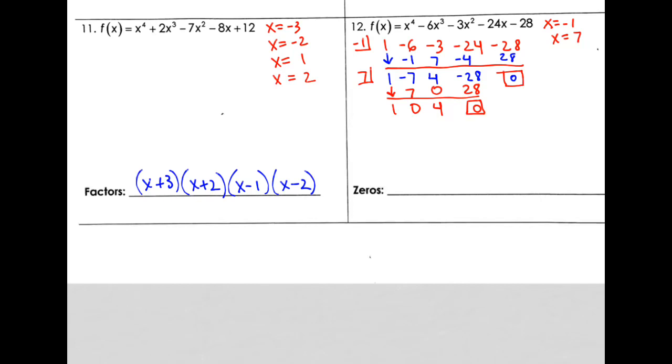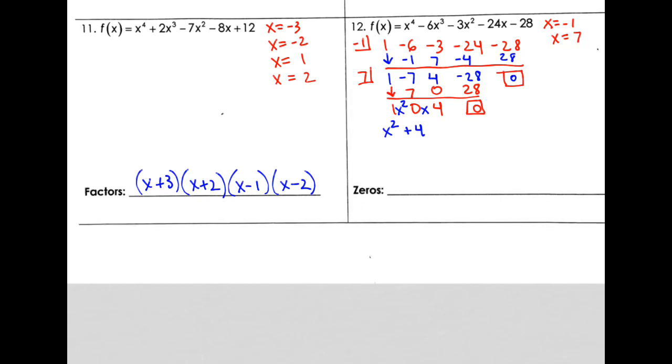So counting backwards, x to the 0. Next one is x to 1, and then x to the second. So that comes out as x squared plus 4.